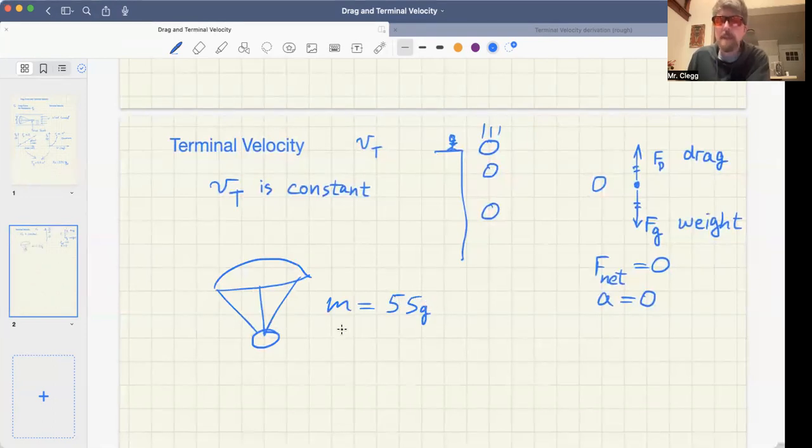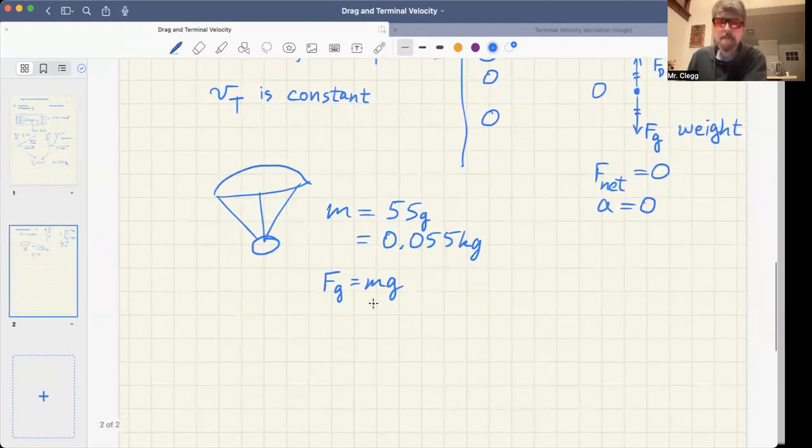We want to know what the weight is. So let's turn that into kilograms first, and then we can turn it into weight. Remember that Fg, the weight, is equal to m times g. So we're going to multiply the mass in kilograms, 0.055 kilograms, times 9.8 meters per second squared.